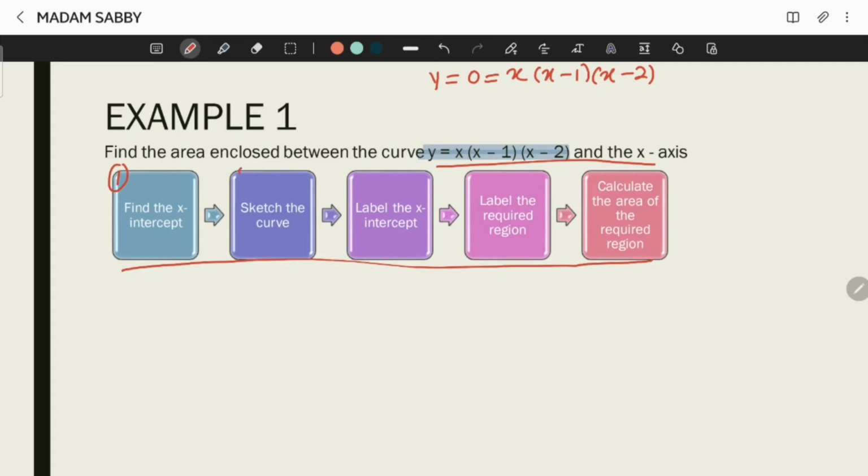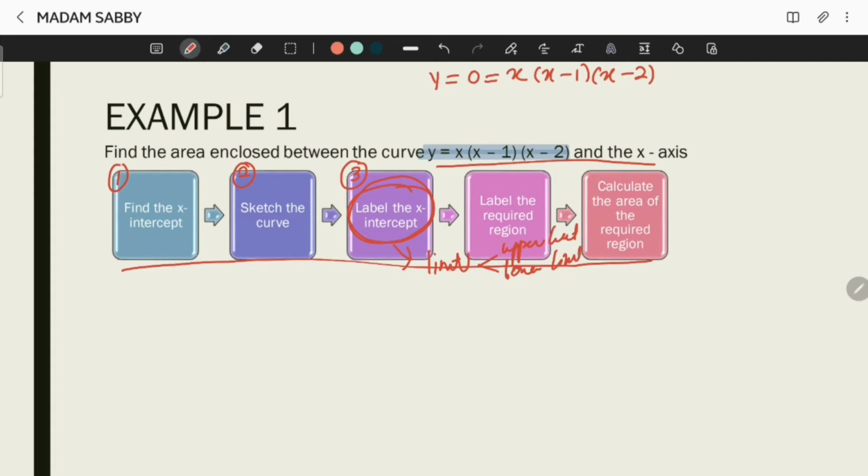Then we need to sketch the curve because we want to find out the region of the area that we are looking for. Then from the information obtained in the first step, we can label the x-intercepts. This is compulsory, as the x-intercepts set the boundary limits for your integral: which one will be the upper limit and which will be the lower limit.